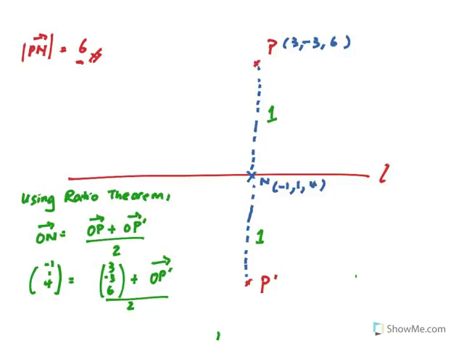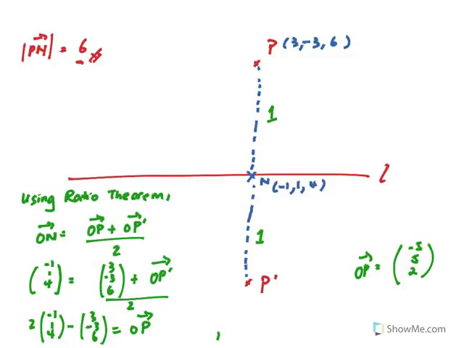Very quickly you can simplify. So OP prime is 2 times negative 1, 1, 4 minus 3, negative 3, 6. That should give you your OP prime, which should be equal to negative 5, 5, 2 after computation.